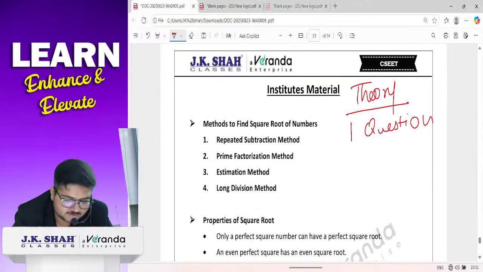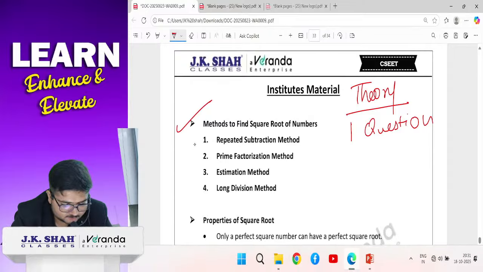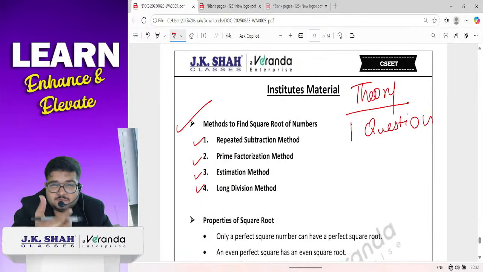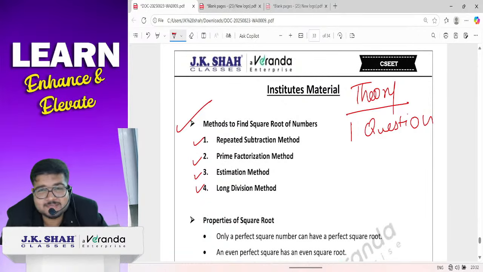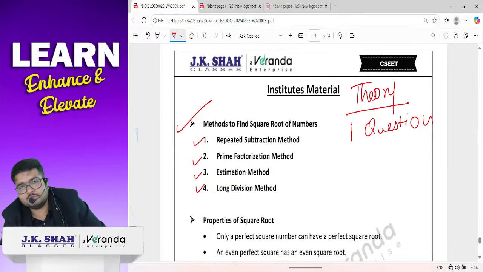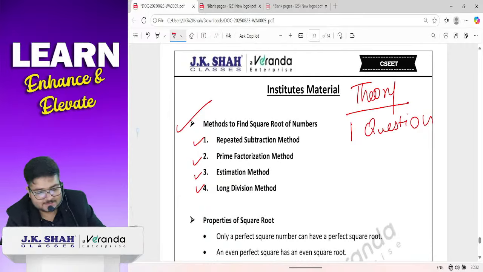Let us do the theory part. First of all, these 4 are the names of methods. You just have to remember the names. These are different methods to find square roots. I'm very sorry for my words.